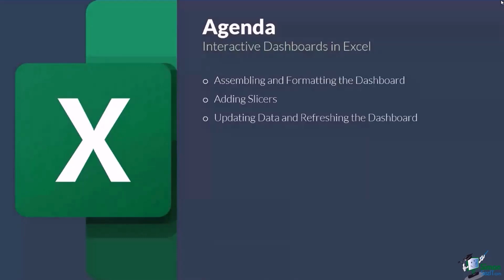I don't have a great deal of time, so I'm not going to be making this look amazing. We're just going to be doing some basic formatting. I'm going to show you how you can add interactivity to your dashboard using slicers. And then the final thing I'm going to show you is how you can update everything on your dashboard with the click of one button. So that is pretty much all we're going to have time to go through today.